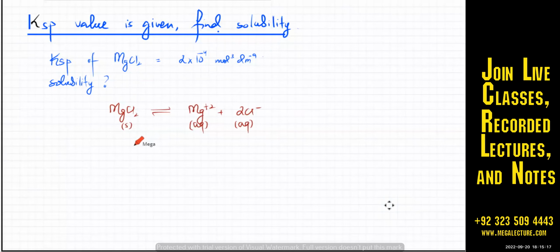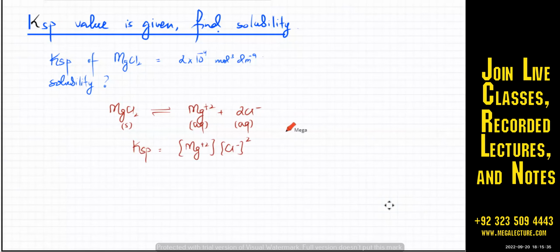The Ksp expression for this will be the Mg ion concentration times the Cl ion concentration, and that's going to be squared.